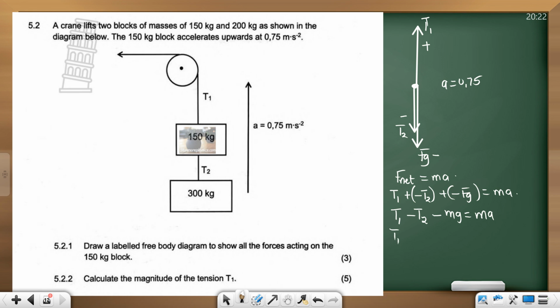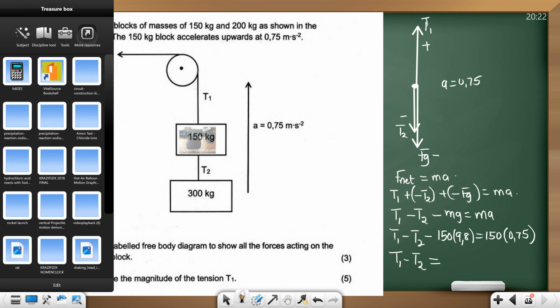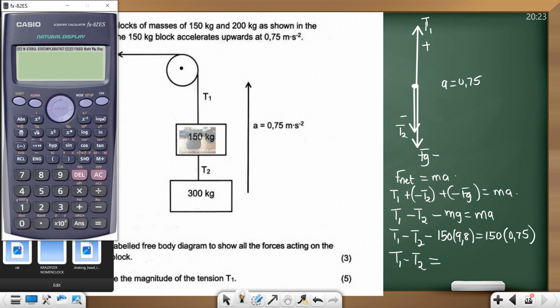Okay, so T1 minus T2. What is the mass again? 150 times 9.8 is 150 times 0.75. So I know that T1 minus T2 is, let's do the maths together quickly. If I multiply my right hand side, it is 150 times 0.75.